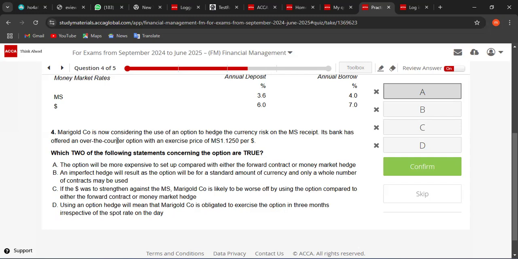Now, the examiner is saying that if the dollar was to strengthen against the MS, M company is likely to be worse off by using the options compared to the forward or the money market hedge. That was quite an interesting question because again, the examiner was trying to confuse the students.